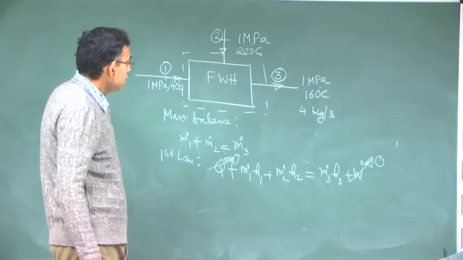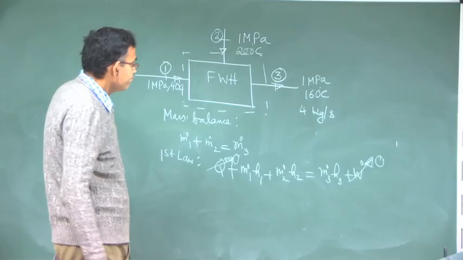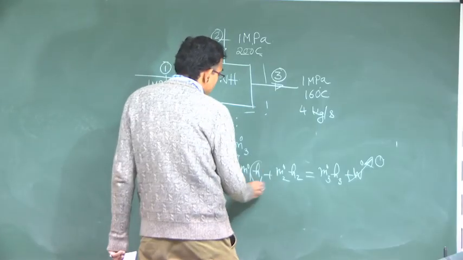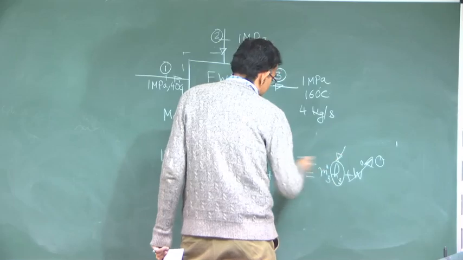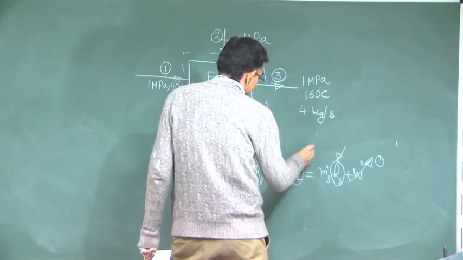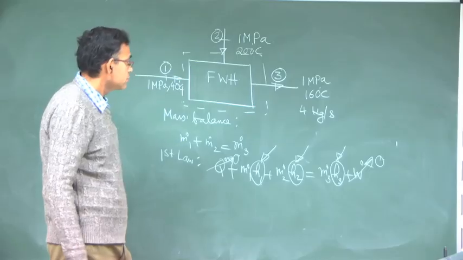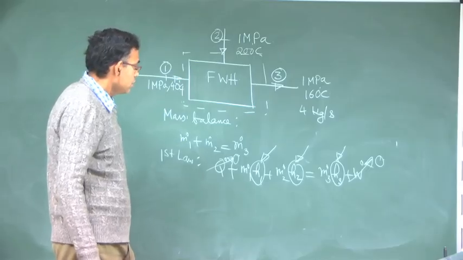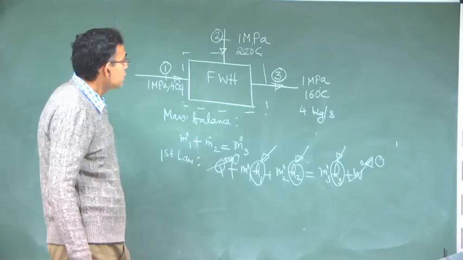So, this is 0, and there is no work transfer. In place of h1, h2 and h3 you can substitute properties from the table. So, what is required?